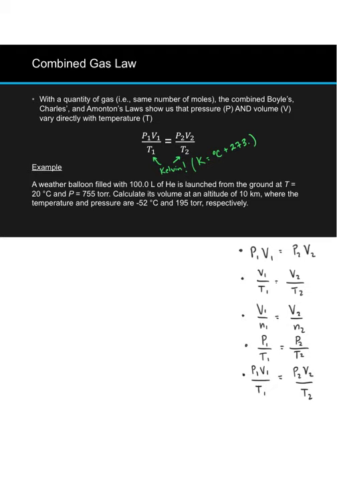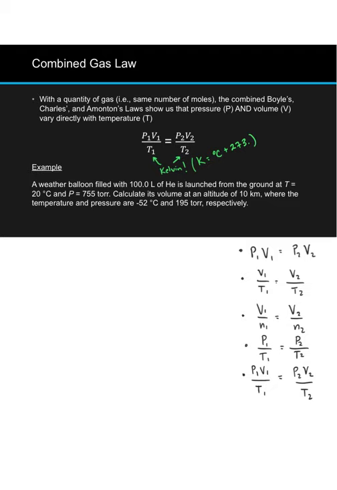We'd like to calculate the new volume for this balloon. When it's reached some altitude, it really doesn't matter that it's 10 kilometers, so that's extraneous information. All we really care about is that at that altitude, the new temperature is negative 52 degrees Celsius, and the new pressure is 195 torr.